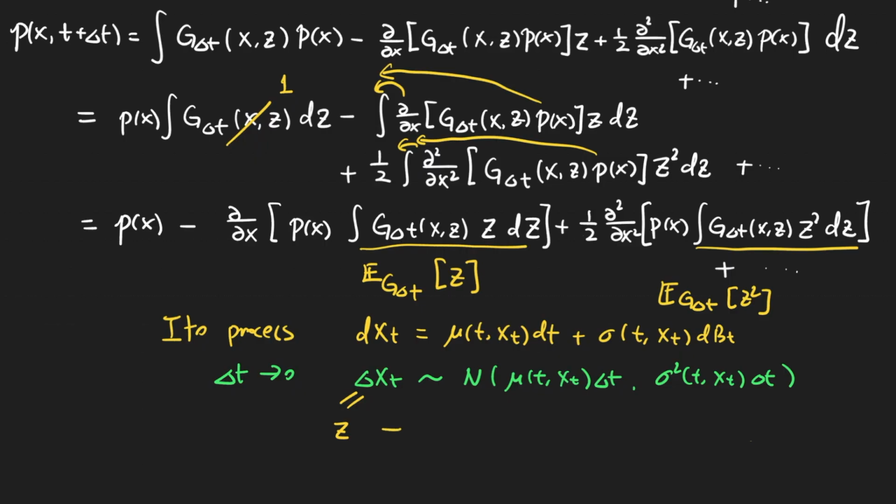So this implies that the first moment of z equals mu times delta t. And then the second moment of z equals the variance of z plus the first moment squared.